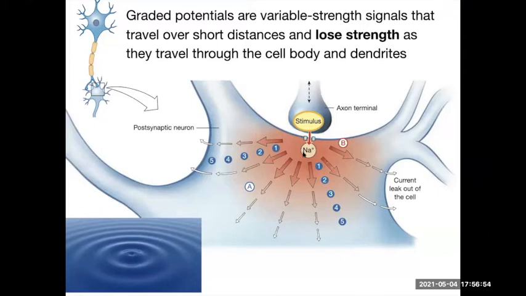There's going to be a stimulus with a big ripple, and then as you move away from that, the ripple is going to get smaller, right? This is all due to an influx of ions that are going to spread out, but as they spread out, they'll leak out over time, and the signal, this wave, will get smaller and smaller. So that's your graded potential.